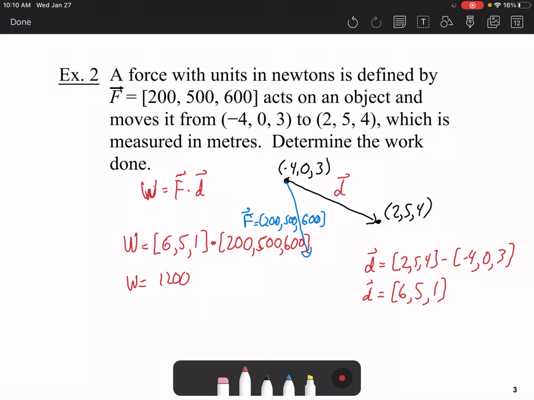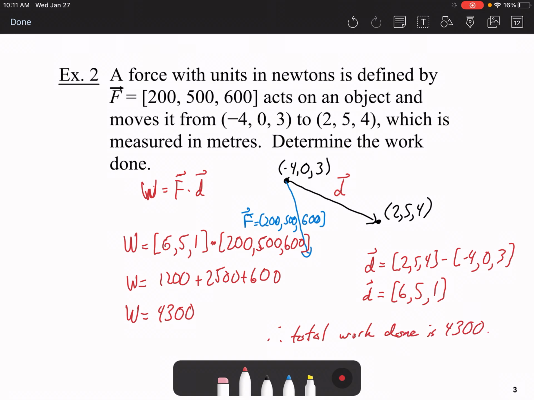So that's equal to 1200 plus 2500 plus 600, which gives me a grand total of 4,300. So therefore, total work done is 4,300 joules.